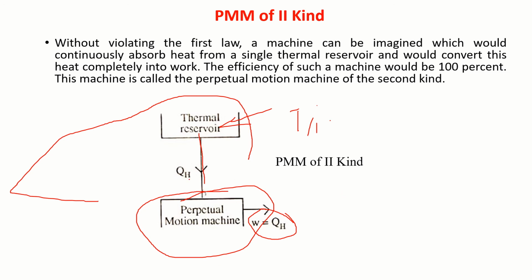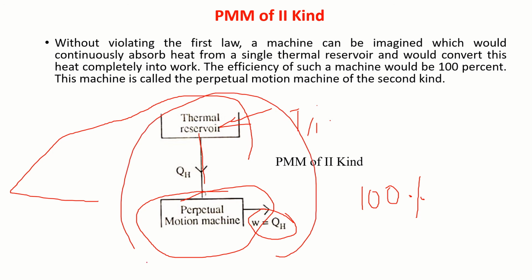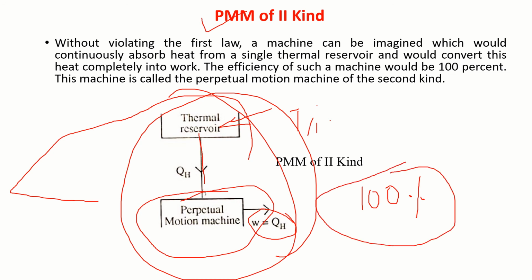All heat is being converted into work, so the efficiency of this engine is 100%. If such an engine were possible, you would be violating the Kelvin-Planck statement. Such an engine is impossible. That is what we call the perpetual motion machine of the second kind. It is impossible to build an engine which will have 100% thermal efficiency. Without violating the first law, a machine can be imagined which would continuously absorb heat from a single thermal reservoir and convert this heat completely into work.